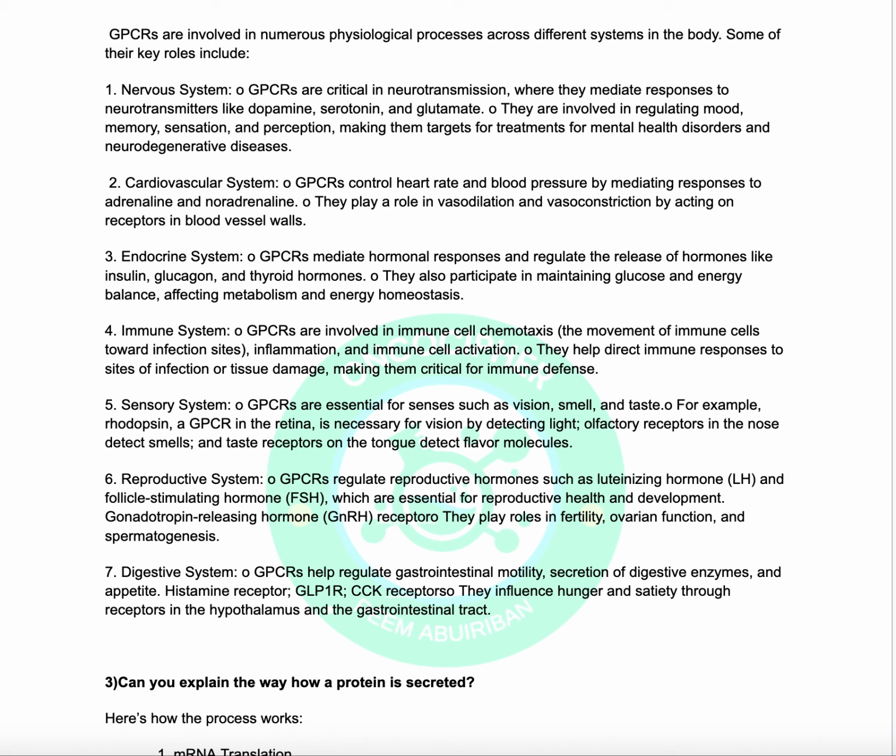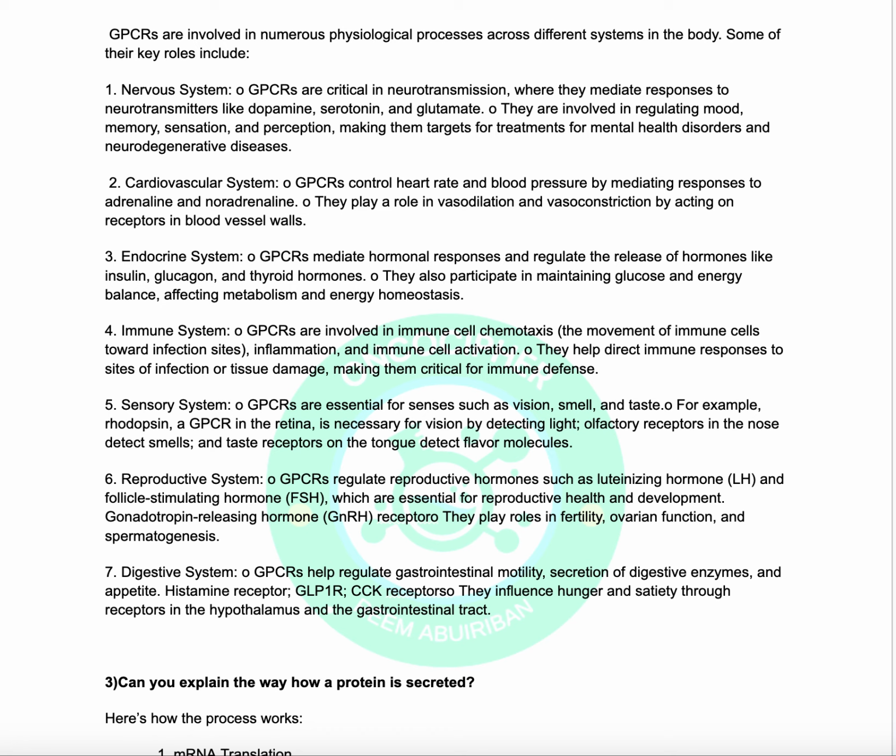Cardiovascular system. G proteins also control the heart rate and the blood pressure by mediating responses to adrenaline and noradrenaline, because now we know that it also has the beta receptors. And we said before that beta 1 is responsible for the heart rate.